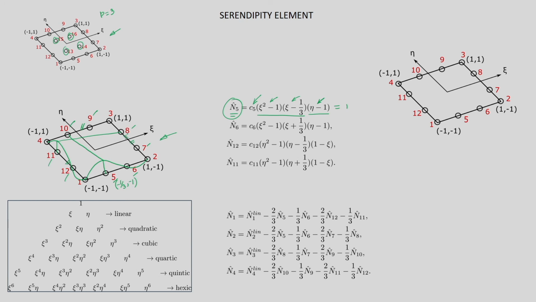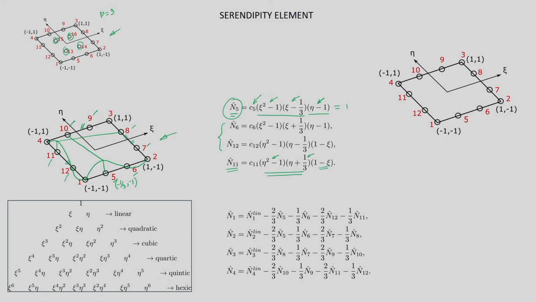So, if I look at the construction of N11, it is cubic in eta, varying at eta equal to plus minus 1 and eta equal to minus 1 by root 3, and at xi equal to 1. So, similarly we can construct N6 and N12 as well.